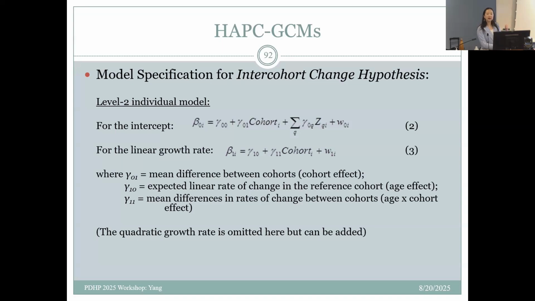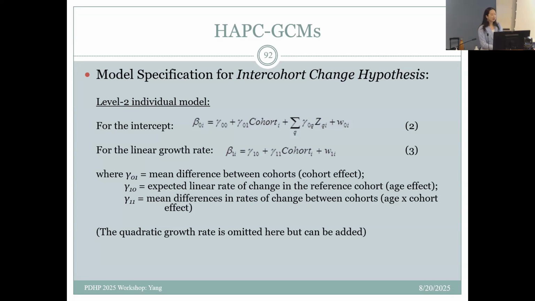For the interpretation of these model parameters, gamma 00, of course, is still the mean. Gamma 01 is the cohort effect, which is the mean difference between cohorts. For the linear growth rate, gamma 10 is the age effect, the expected linear rate of change in the reference cohort, whereas gamma 11 is the age by cohort interaction effect, which means the mean differences in the rate of change between cohorts.